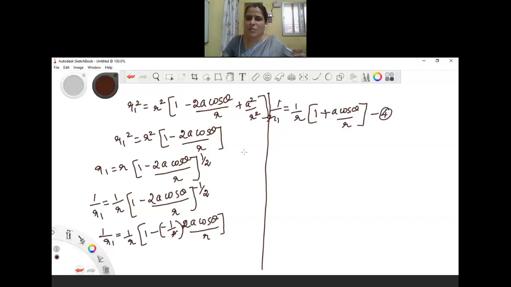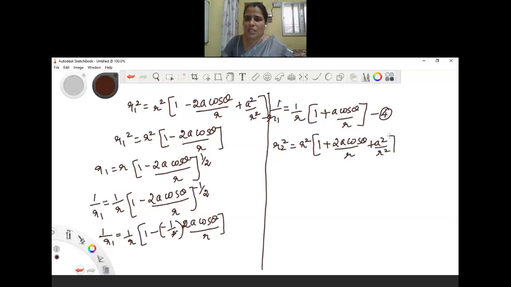And similarly, we can do it for R2 square also. So now let us consider R2 square. R2 square is equal to R square into 1 plus 2a cos theta divided by R plus a square by r square.